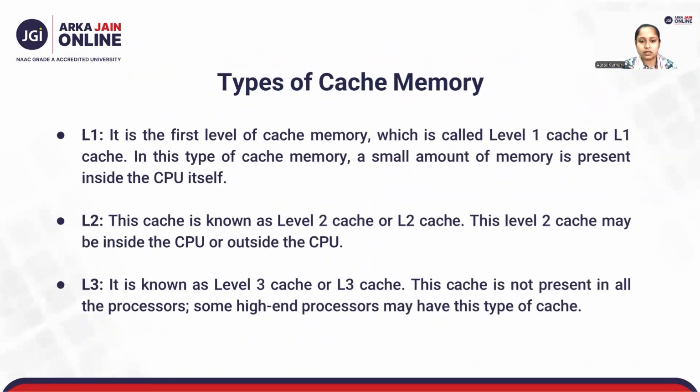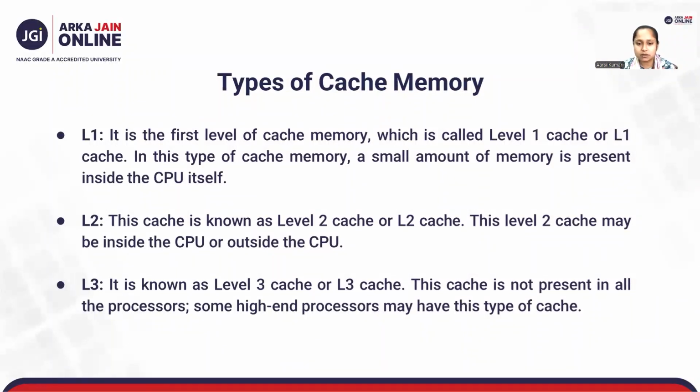Types of cache memory include L1. It is the first level of cache memory, called level 1 cache or L1 cache. In this type of cache memory, a small amount of memory is present inside the CPU itself. If a CPU has 4 cores, a quad-core CPU, then each core will have its own level 1 cache.